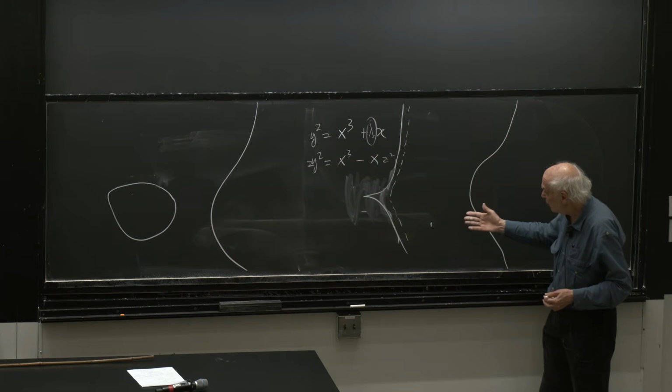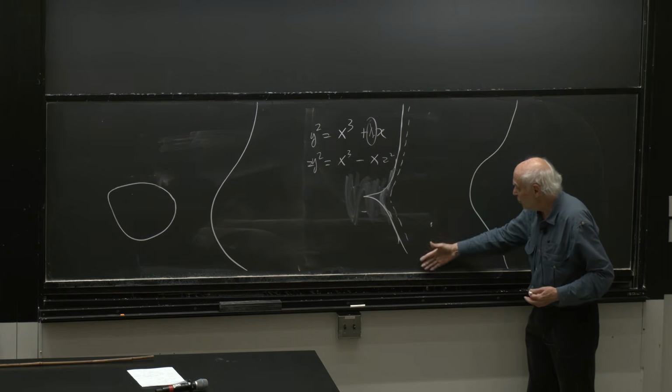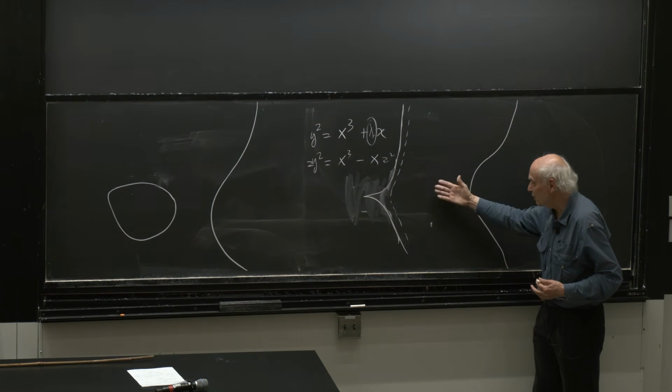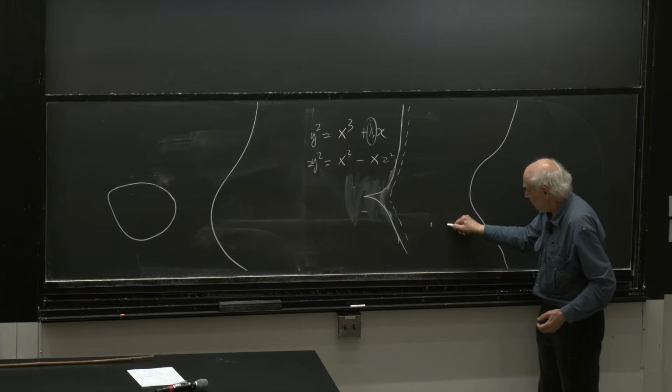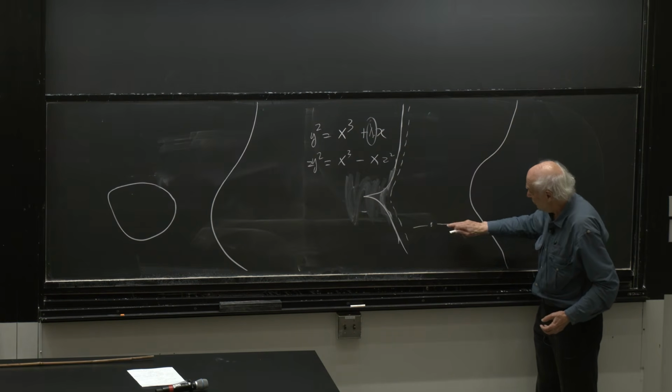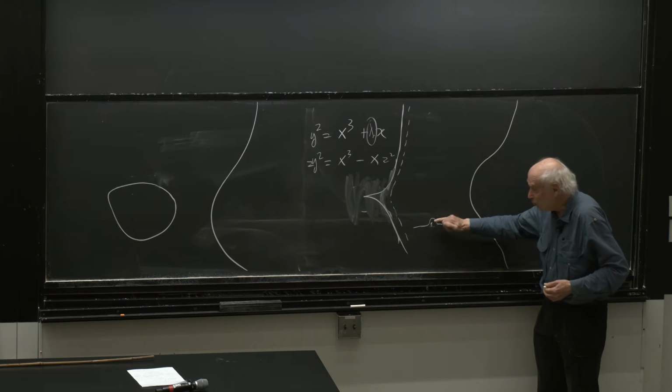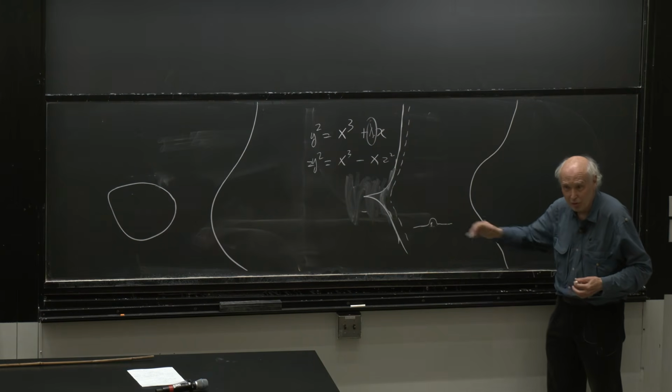Now, in the complex domain, again, there will be some singular value for lambda, the same value, 0. But now you have the whole set of complex numbers, which is a plane, and you can go around this point. And then you see that the topology will not change.